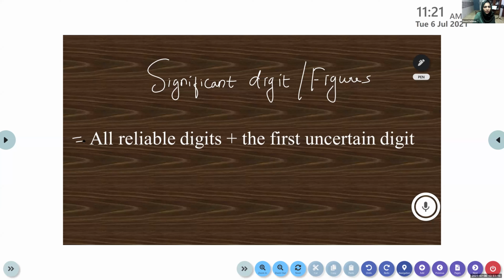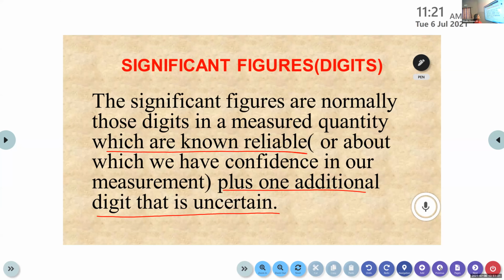Ma'am, could you show the previous slide? Okay. This is the definition for significant figures or digits. The significant figures are normally those digits in a measured quantity which are reliable plus one additional digit. And what do you mean by the reliable digit? It is a digit in which we are more confident regarding that measured value.